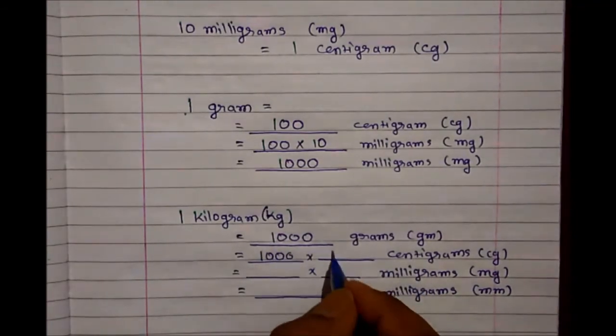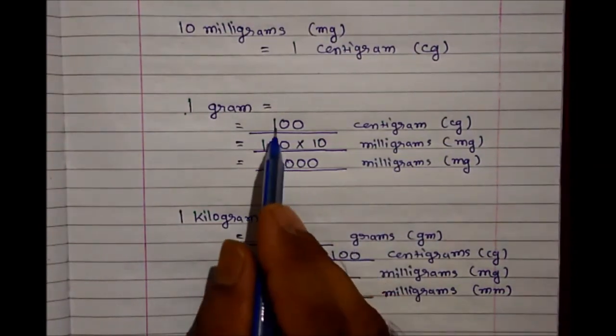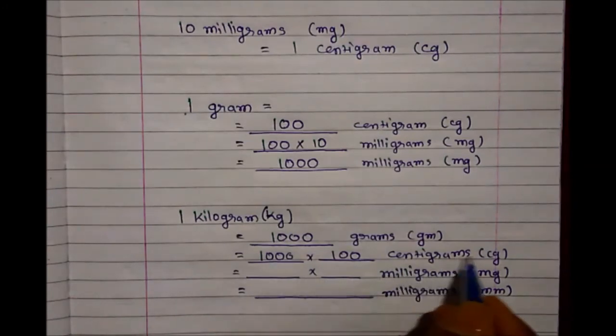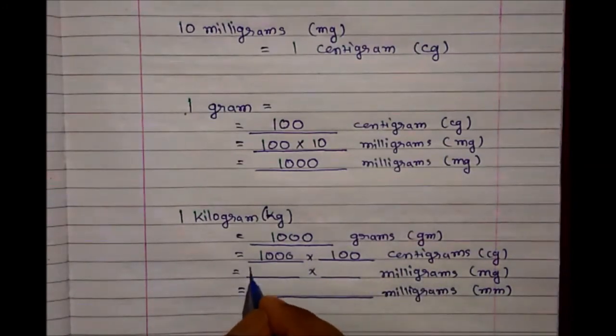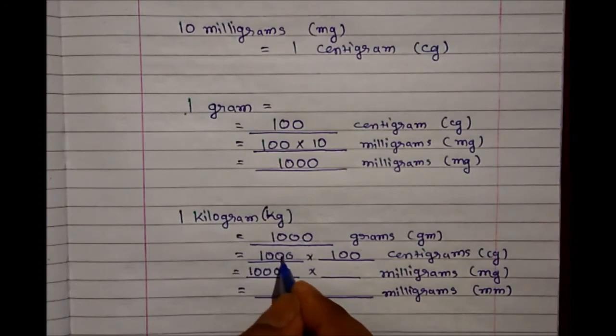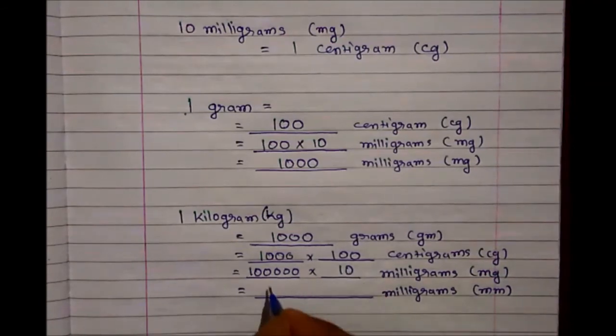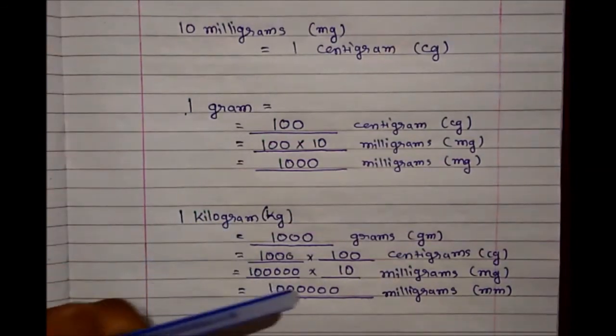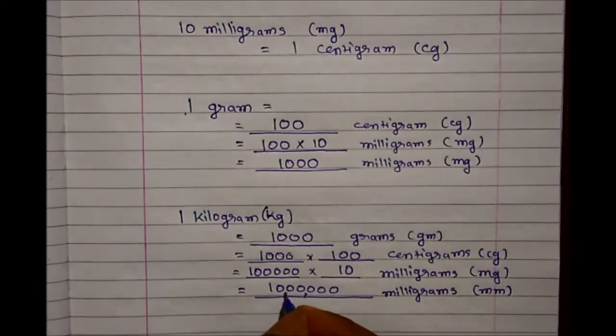So 1000 into 100 is 1 lakh centigrams. 1 lakh centigrams multiplied by 10, we will get 10 lakh milligrams. So 1 kilogram is equal to 10 lakh milligrams.